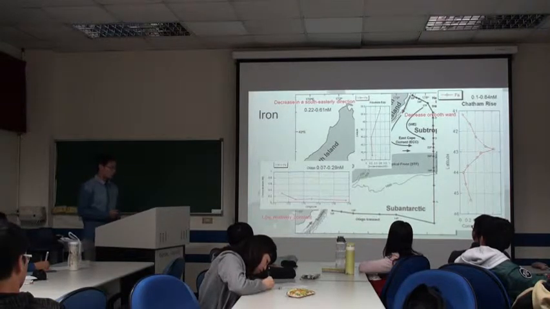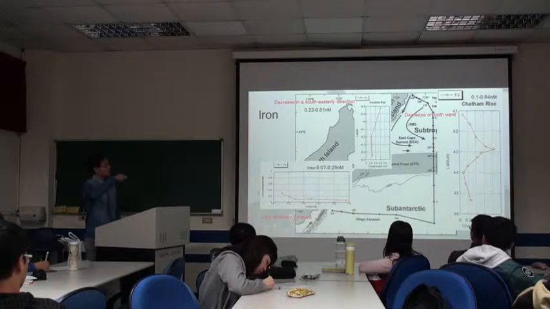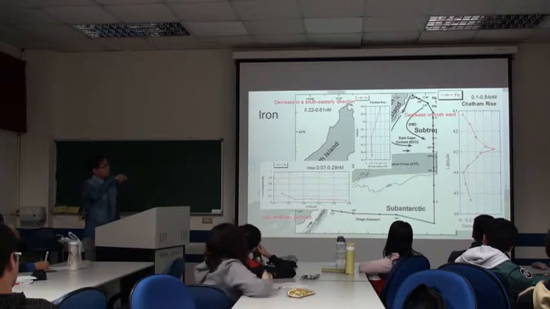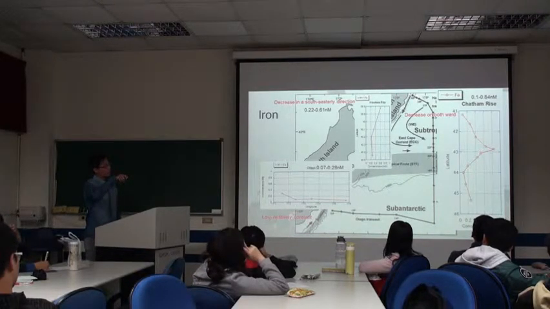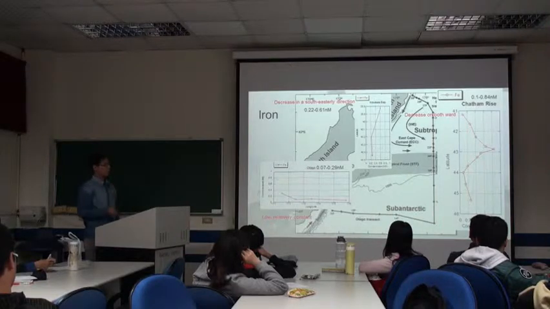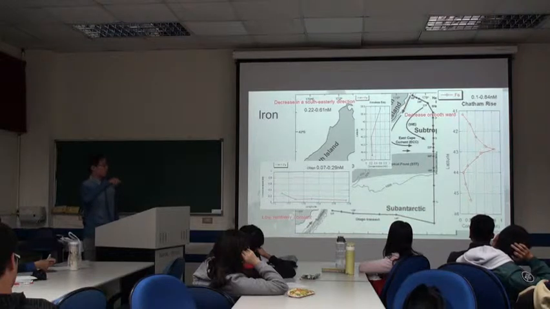And the iron: in Hawke's Bay, it decreased in the southeasterly direction, because the landmass has a river coming from this area, so the concentration is lower in the easterly direction. The Chatham Rise has the highest points and decreases on both sides, and the highest point is at the escape current. Otago is low and relatively constant.